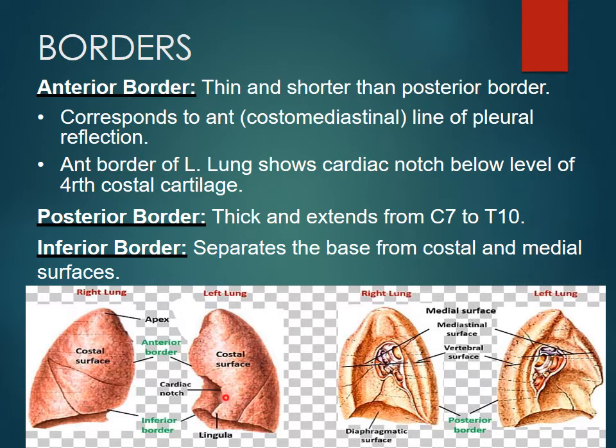This cardiac notch basically accommodates the heart in the mediastinum. The posterior border is thick and extends from the C7 to T10 vertebra level. The inferior border basically separates the base from the costal and medial surfaces of the lung.